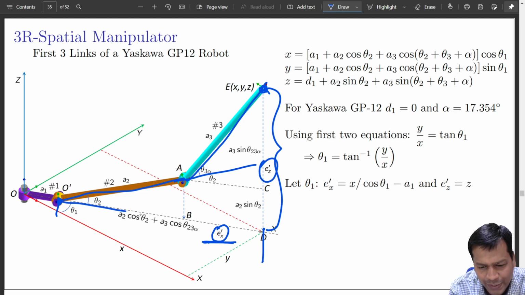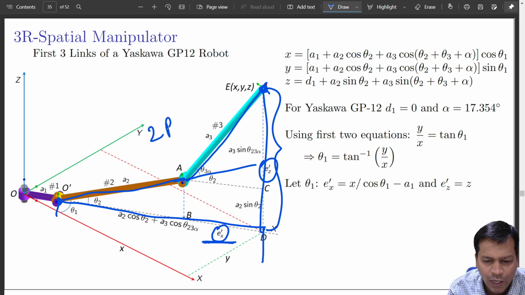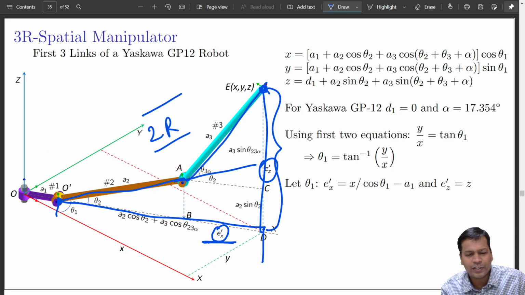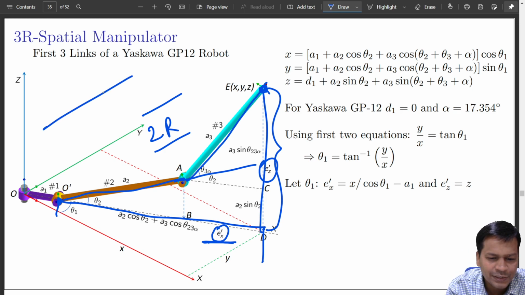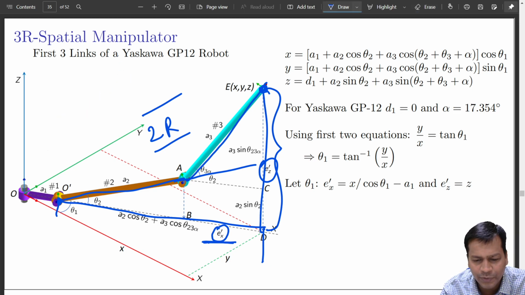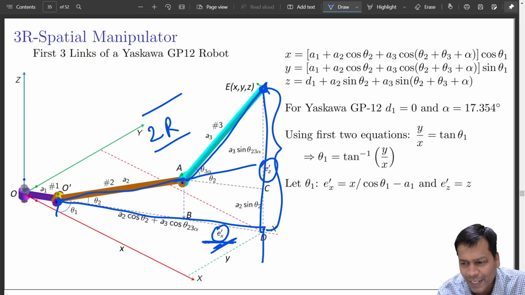If somehow I can get this, it is a 2R manipulator, the solution for which is well known, that is the elbow up and elbow down solution. You have done it earlier, so I can use that. So I am trying to get to that, and I am trying to find out Ex dash. So how much is Ex dash?